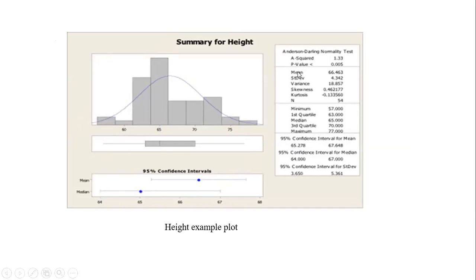Here the mean value of this summary for the height chart is 66.46. And this is the 95% confidence interval. Just forget about the confidence interval and focus on the mean value. The mean value lies here, it is 66.463.